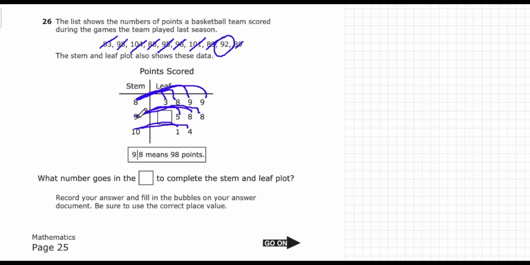So, number 2 goes in the empty square to complete the stem and leaf plot. 2 is the correct answer.